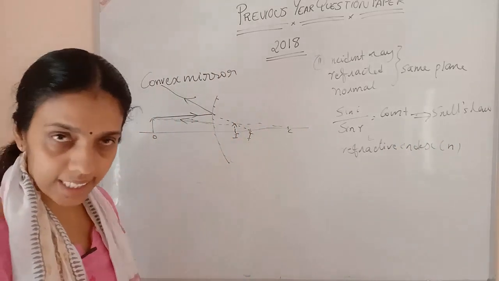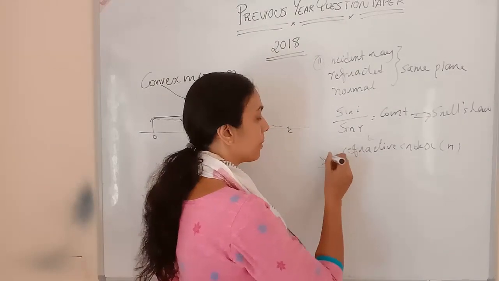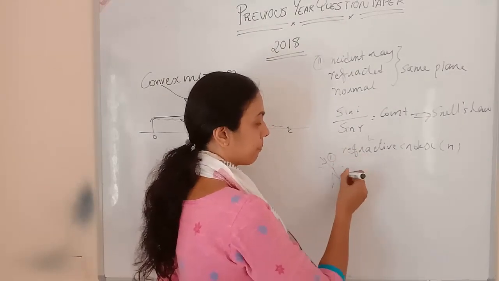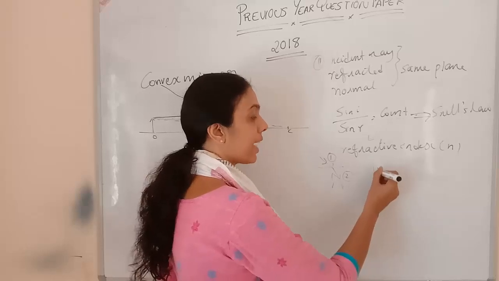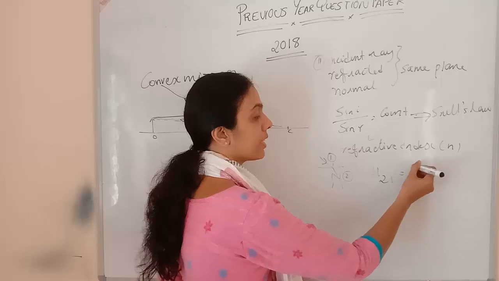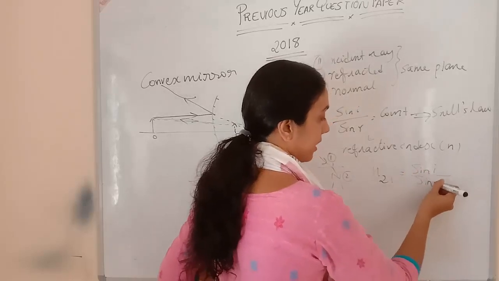Representation is n. If the ray of light is incident at one medium and refracting through a second medium, then the refractive index of the second medium with respect to the first is equal to sin i divided by sin r.